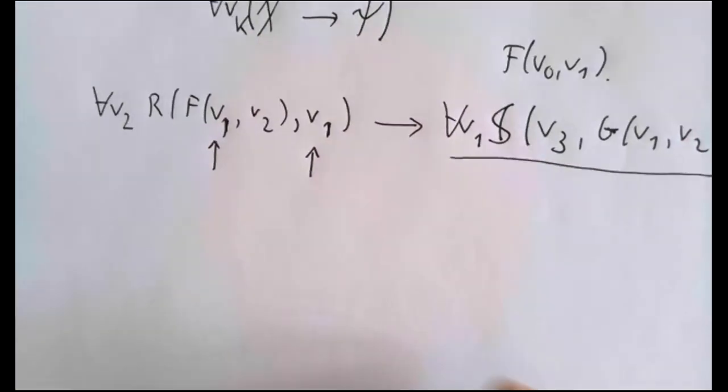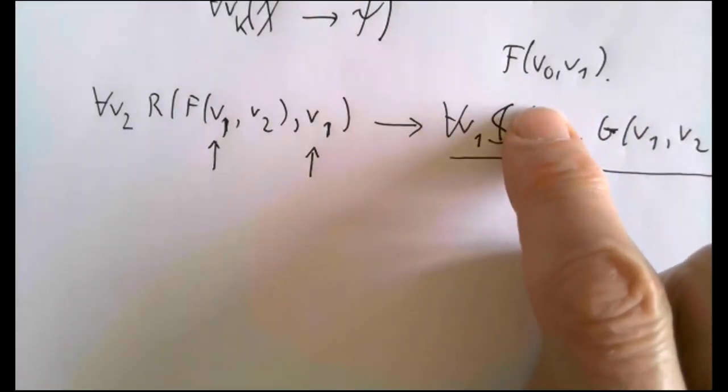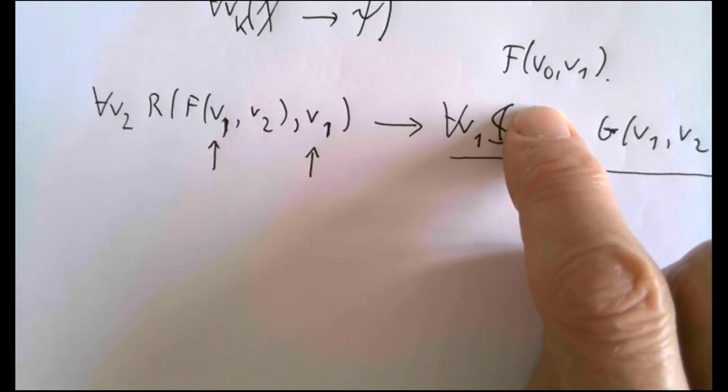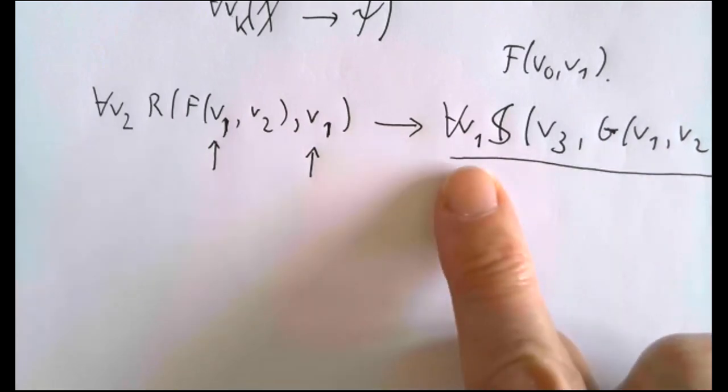On the other hand, it's different over here. Here, I'm supposed to be substituting in this thing here for v1. But then here I've got v1 occurring.